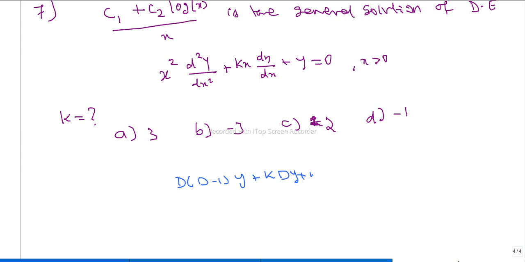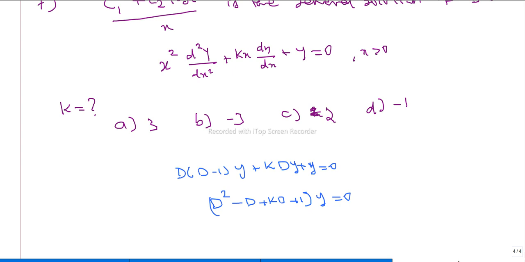Then y equal to 0. So therefore you will get D square minus D plus kD plus 1 times y equal to 0. If you take D outside, we have k minus 1.